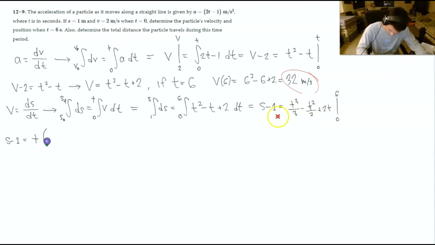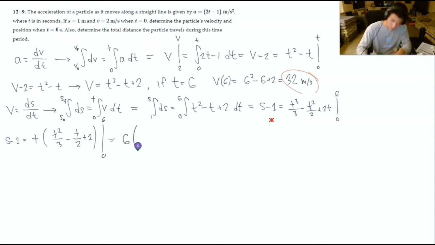So t times t squared over 3 minus t over 2 plus 2. Then I'm going to insert 6 to 0 into this. So 6, and then 6 squared is 36 over 3, then minus 6 over 2, which is 3. Negative 3 plus 2 is negative 1.